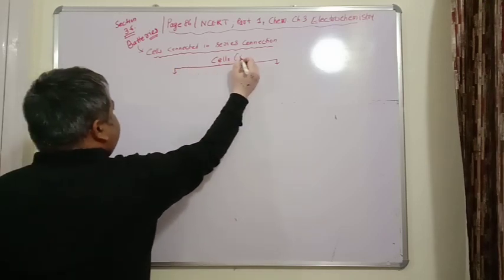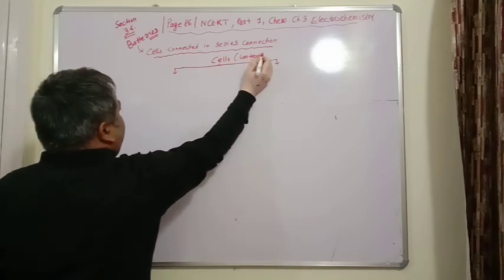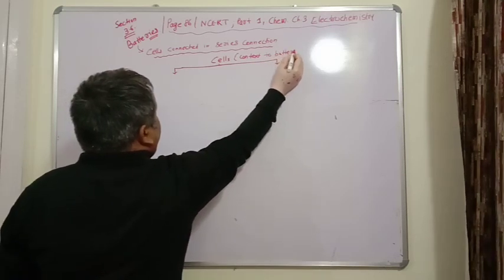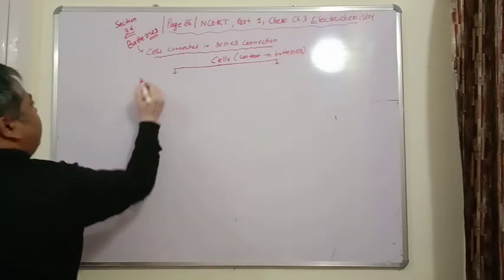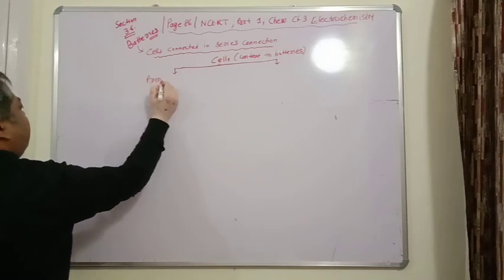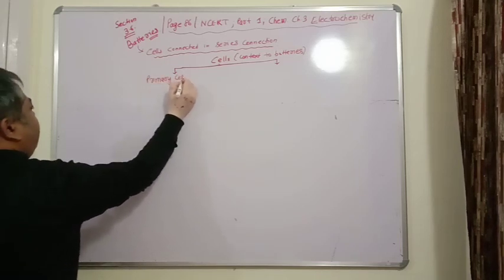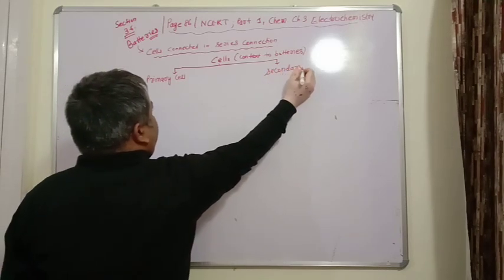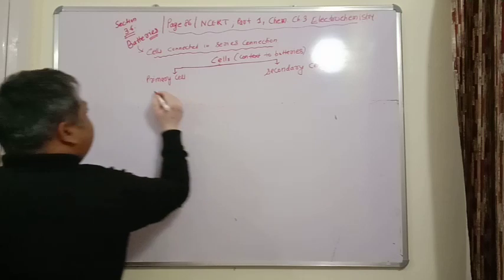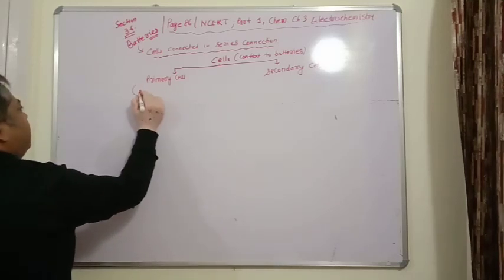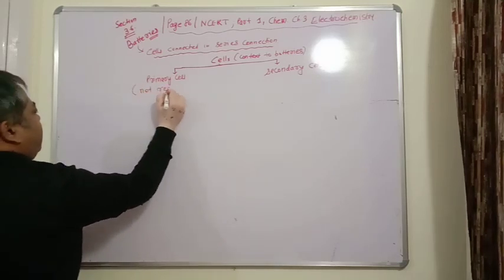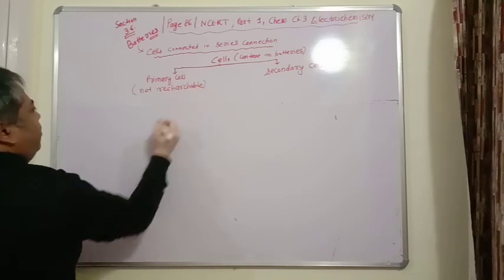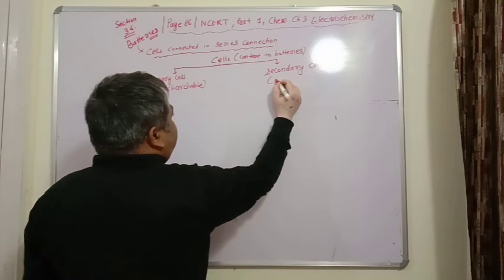This cell is in context to batteries: primary cell and secondary cell. Primary cells are not rechargeable, whereas secondary cells are rechargeable.